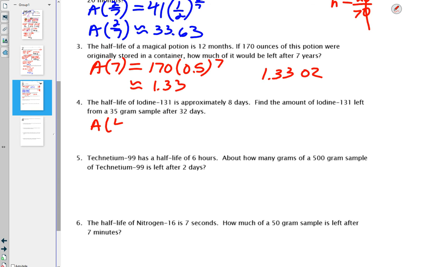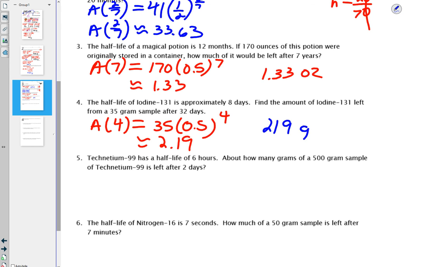So the amount after 4 half-lives is equal to 35 times 0.5 to the 4th. Same thing as saying 35 divided by 16. So I'm hoping you got 2.19. And that's 2.19 grams. I'm going to finish this page and then I'm going to call it a day.